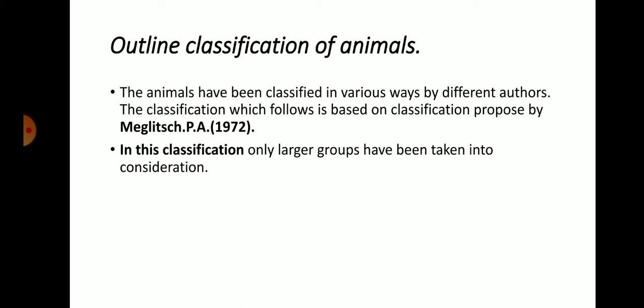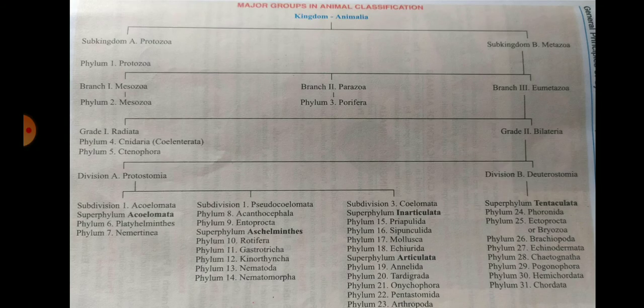In this classification, only large groups have been taken into consideration for the classification of animals. This classification depends on their major characteristics and their number of species. So let's see the major groups in animal classification.